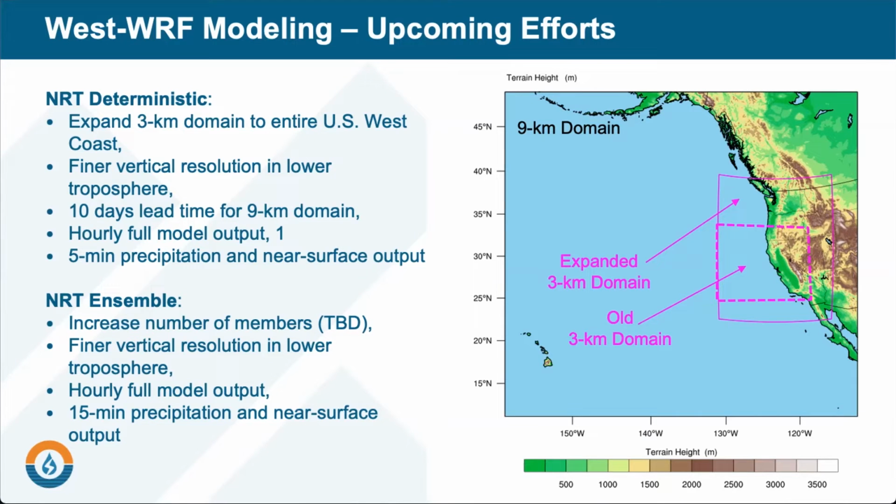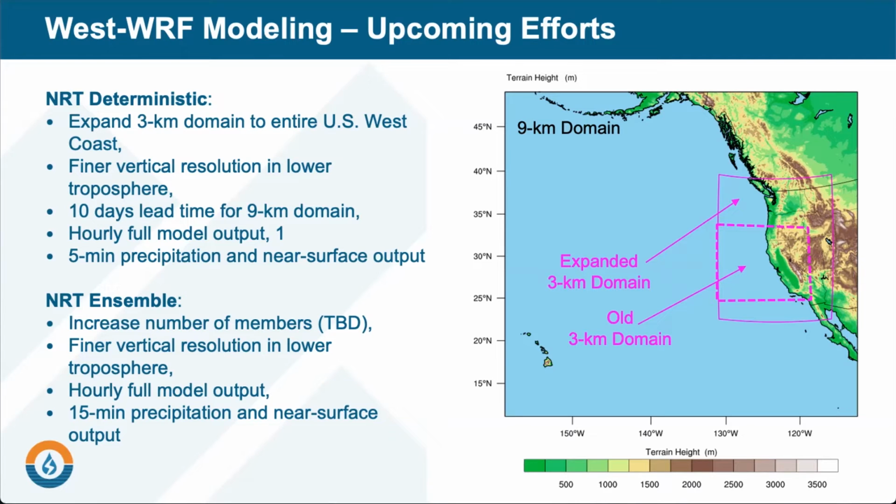Increasing the vertical resolution in the lower troposphere. Matthew Simpson in our group has been involved in putting together a refined vertical level distribution where we hope to greatly improve the simulation of processes in the lower troposphere.